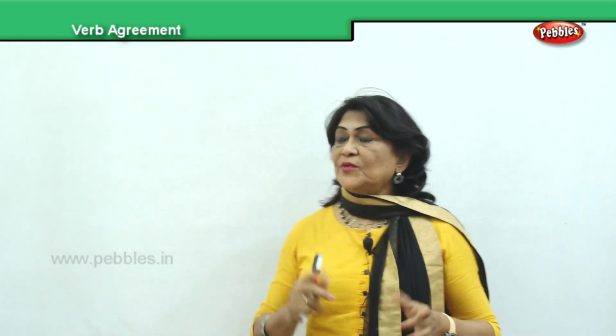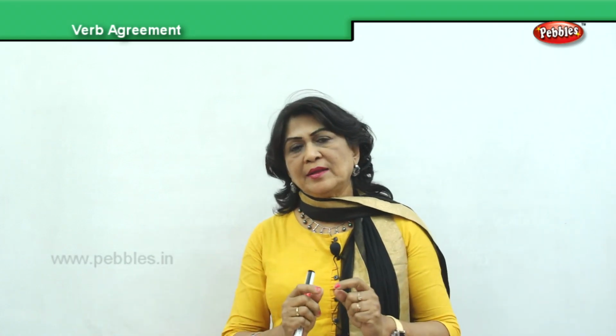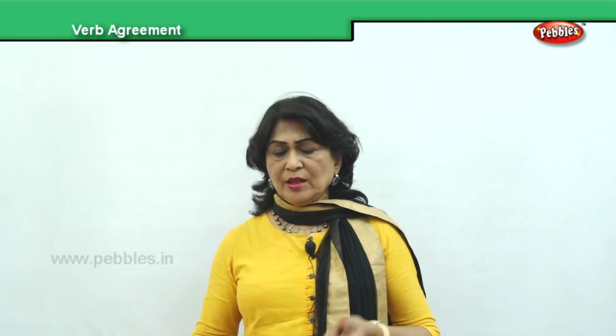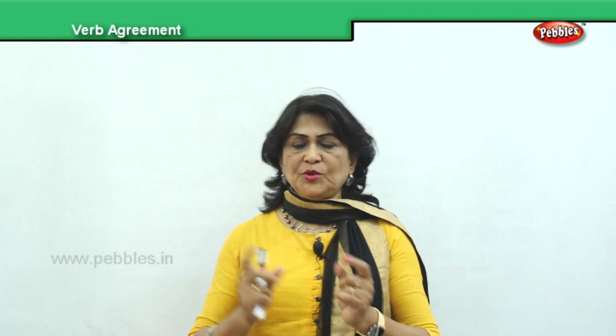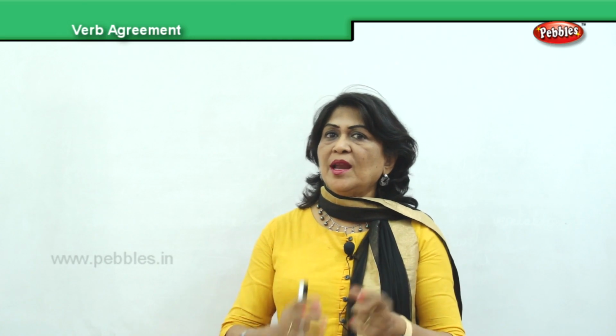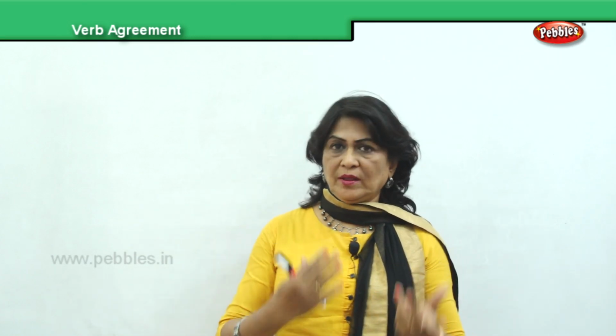The next rule is, first we said when two subjects are joined by and we use the verb in the plural. Now I am going to give you another rule. When two things are said about a single person or thing, then we use only the verb in the singular.